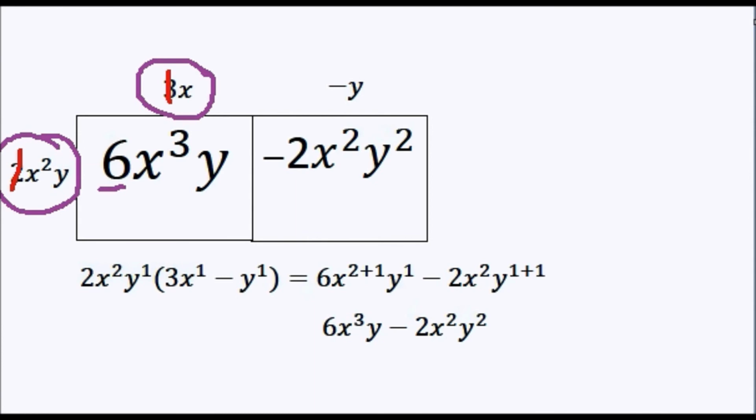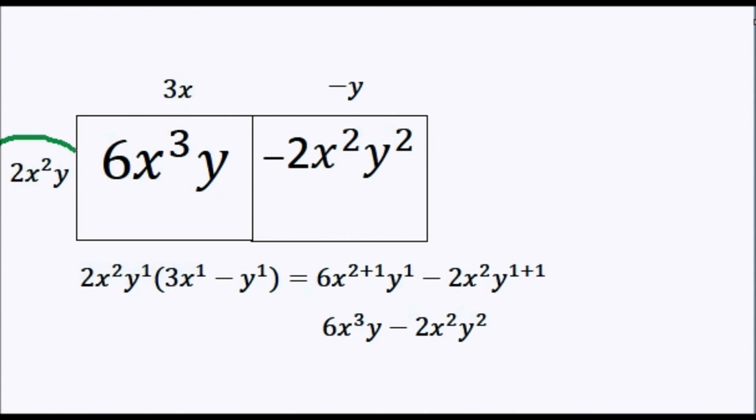Now we do x squared times x to the first power. And that gives you x cubed. X to the third, because 2 plus 1 gives you 3. So now we're done with the x's. Then we do the y's. Y times, well, there is no y, so you just write the y here.